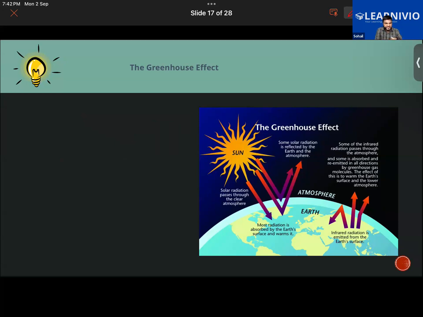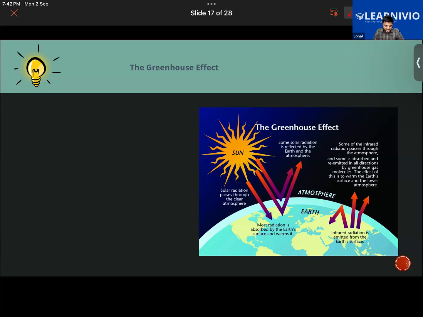As the sun's rays enter the atmosphere, some of the radiation gets reflected back into space, as you can see here. So only a small portion of the radiation is retained on the Earth. Otherwise, Earth would have been a very hot planet.